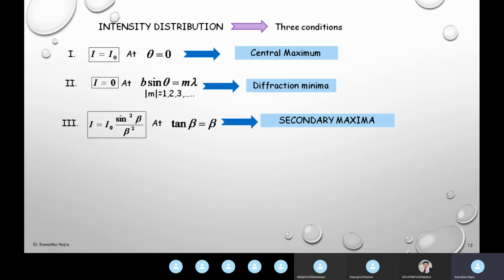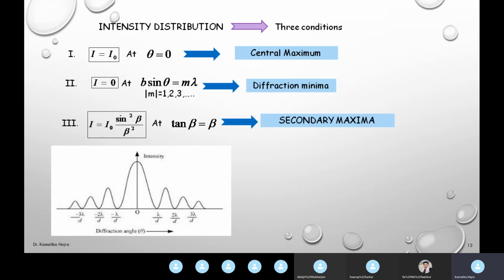So now we are in a position to draw the intensity pattern. You can see this is the intensity pattern, sine square beta by beta square, only on the positive side because it is a square. This is the central maximum at theta equal to 0, and at theta equal to lambda by b, m equal to 1, you get the first minimum.